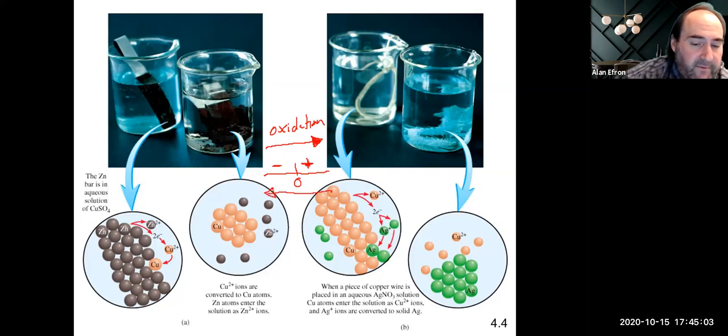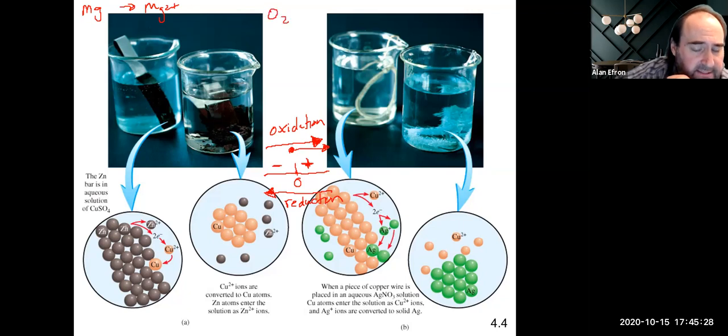So if you're moving to the left on the number line, that is something going through reduction. If you think about the two things we saw there, the magnesium went to magnesium with a +2. It started at 0 and ended at +2, which would be going in this direction. Thus, the magnesium was going through oxidation.